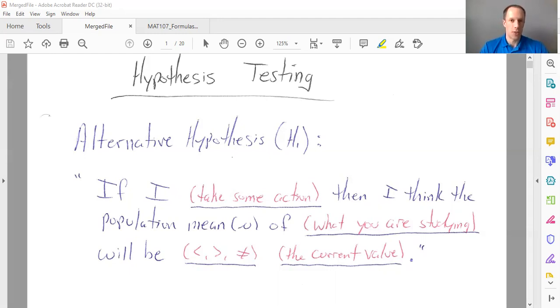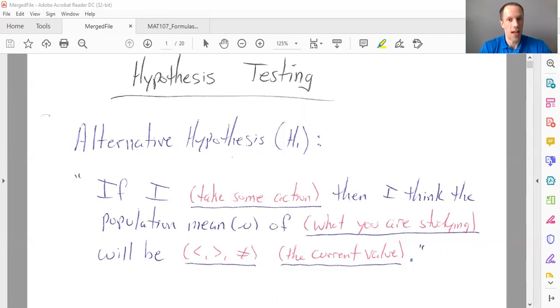If I'm a college administrator, I might have a hypothesis in my mind that goes something like this. If I hire more tutors, then I think the population mean of Math 107 students' final exam scores will be greater than 75. That would be the kind of hypothesis we're talking about.